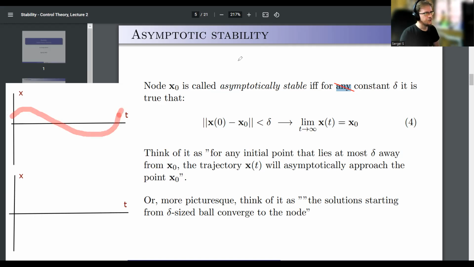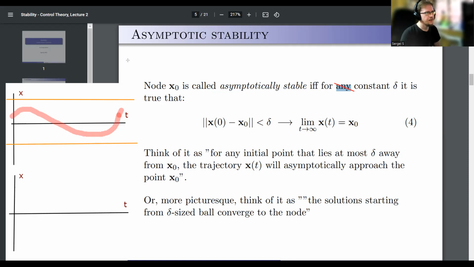So this is my attempt to draw a sinusoid. From some range of initial conditions, it doesn't exceed a boundary. Let me draw it in orange so we can remember what we were discussing previously. So from some range of initial conditions, the graph does not go outside of some boundary. That is stability. That means the system is stable.